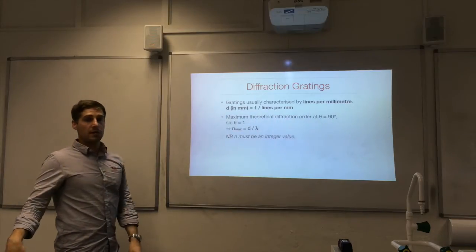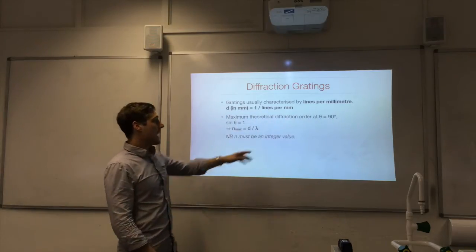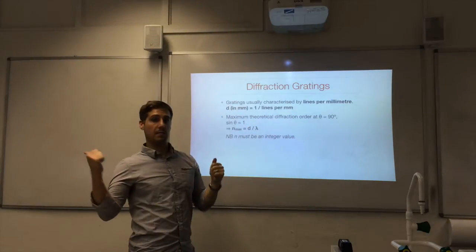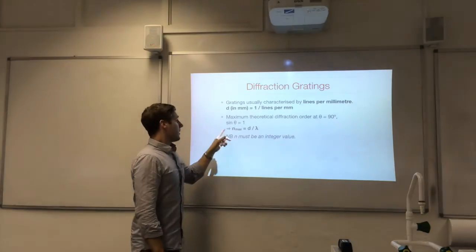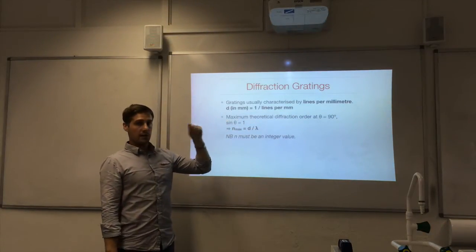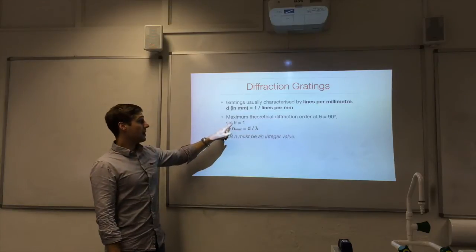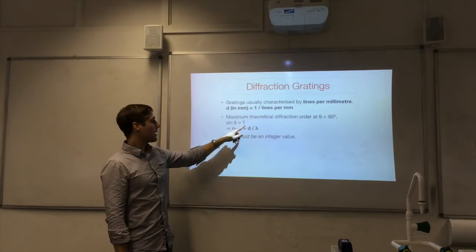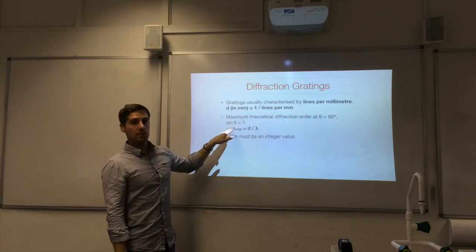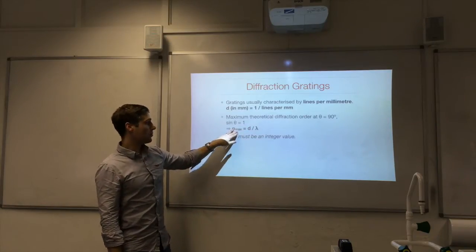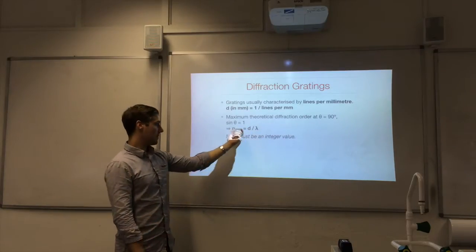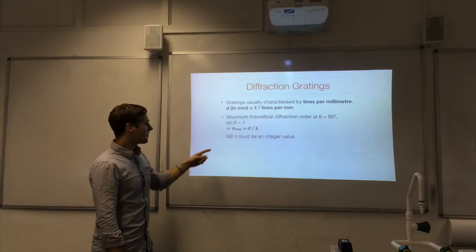The maximum theoretical diffraction order is at theta equals 90 degrees, because the light isn't going to be diffracted backwards. So at 90 degrees, sine theta is equal to 1. So now your equation becomes n max, the maximum diffraction order, is d divided by lambda, because the sine theta bit has come out as 1.